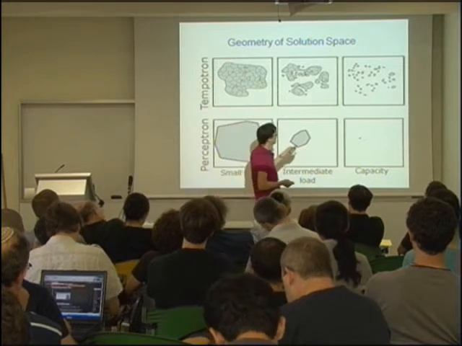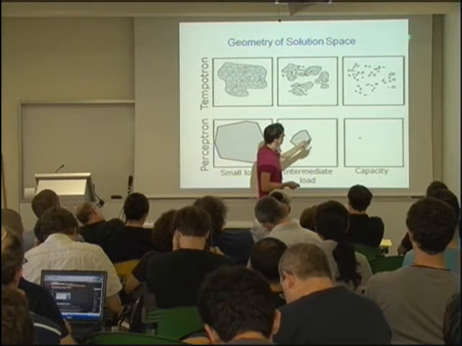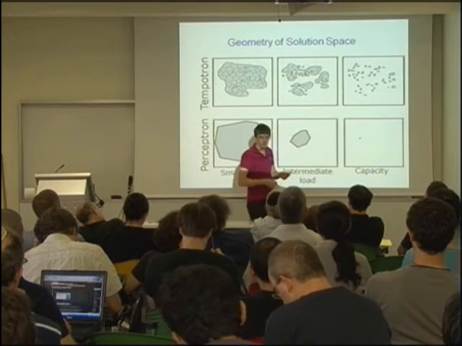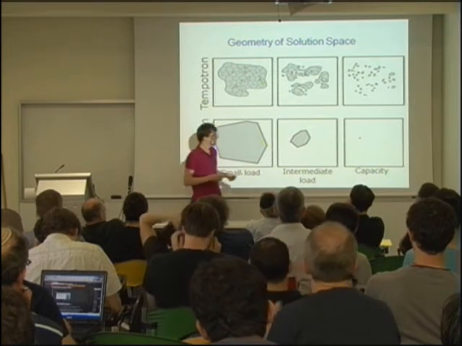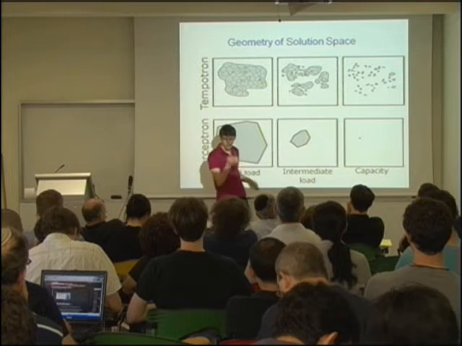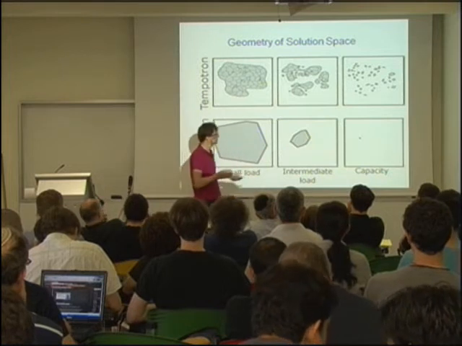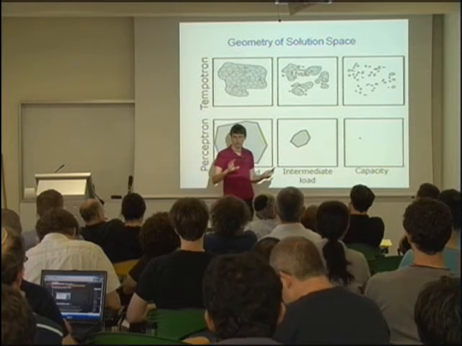At the capacity limit, we have many very small volumes spread around evenly throughout the entire weight space. As opposed to the perceptron, they are not points. They have some finite size, and at the capacity, they all vanish immediately.